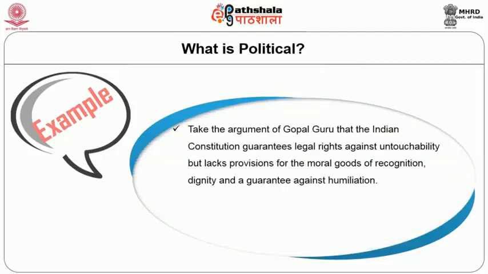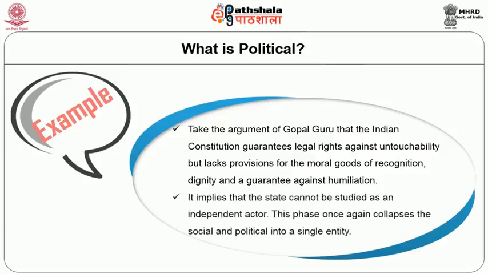He goes on to say that the Indian Constitution guarantees legal rights against untouchability but lacks provisions for the moral goods of recognition, dignity, and a guarantee against humiliation. Furthermore, this also implies that the state cannot be studied as an independent actor. This phase thereby again collapses the social and political into a single entity.